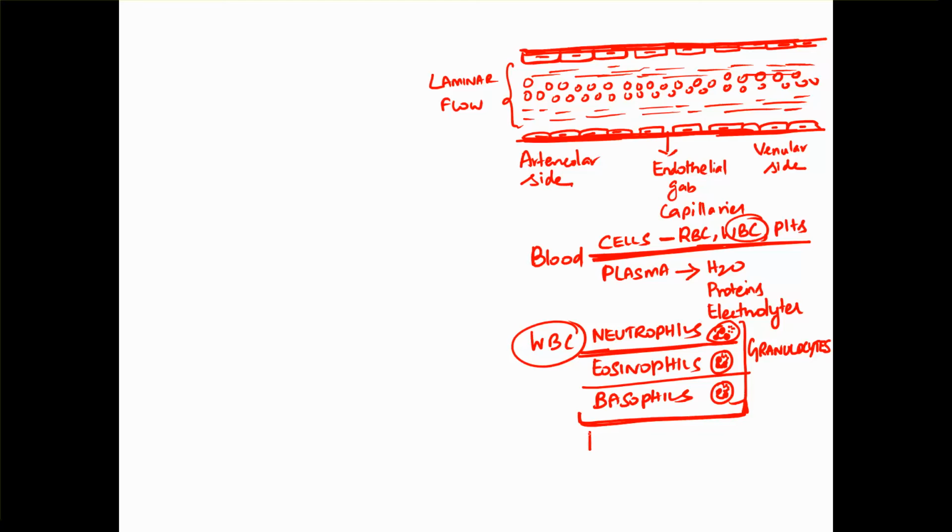So they are called polymorphonuclear leukocytes: morpho means looking, poly means many, and leukocytes means WBCs.